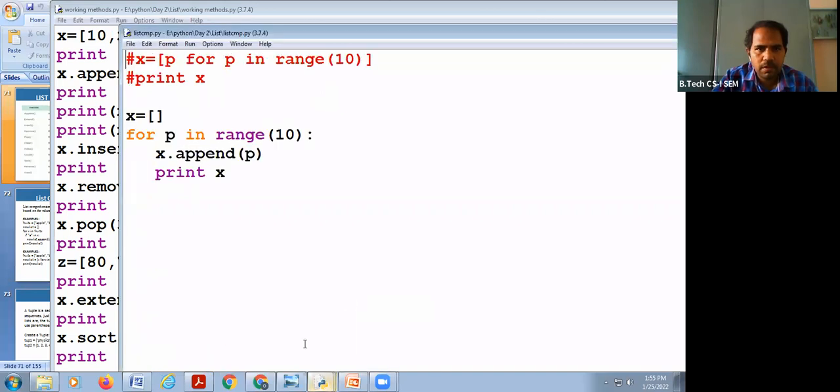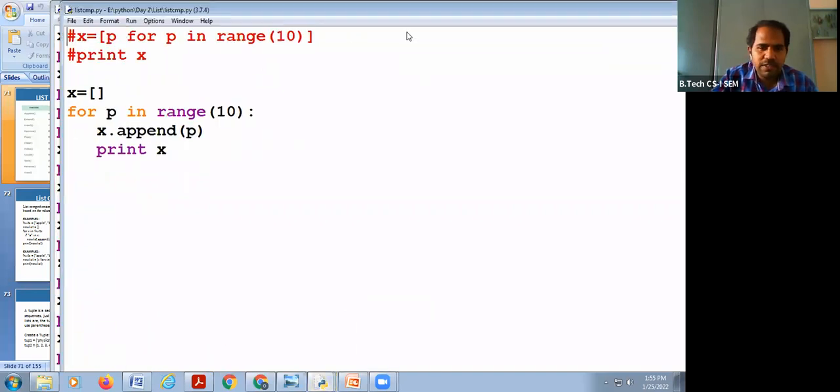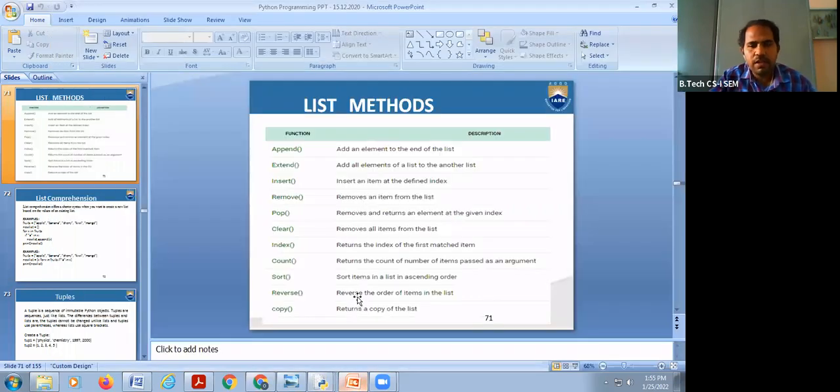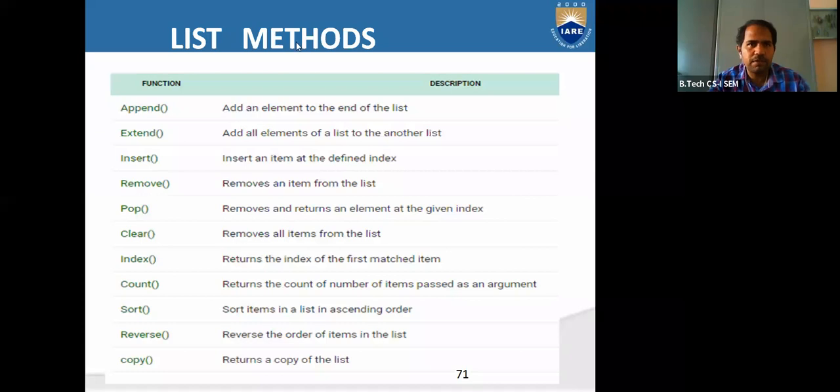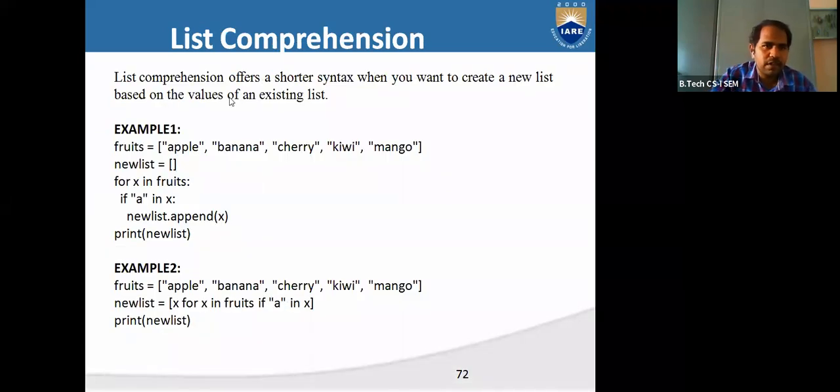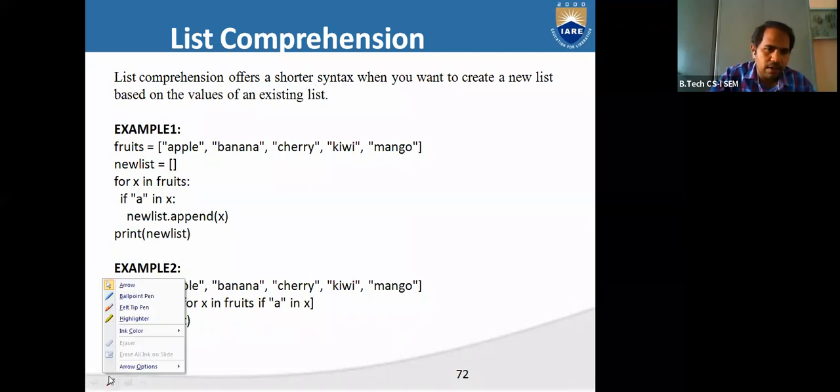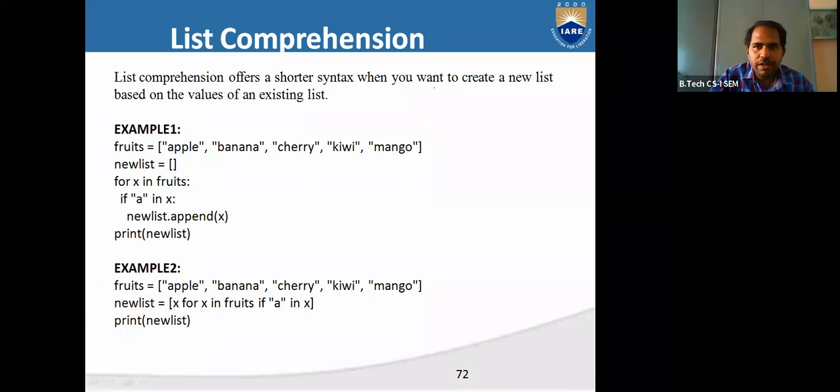First one: what is list comprehension? It is a short form of the syntax, the shortest syntax. List comprehension offers the shortest syntax when we want to create a new list based on the values of an existing list.